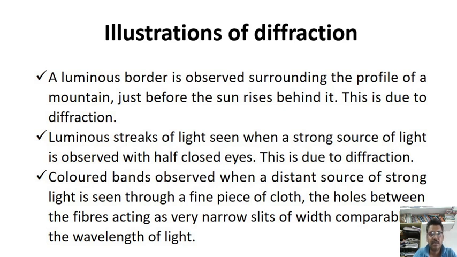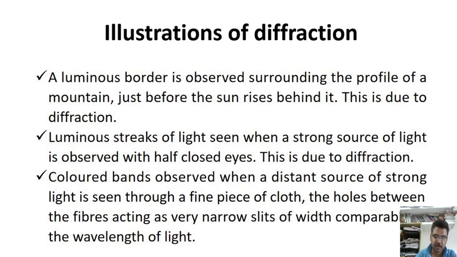Third one is colored bands observed when a distant source of strong light is seen through a fine piece of cloth. The holes between the fibers act as very narrow slits of width comparable to the wavelength of light.